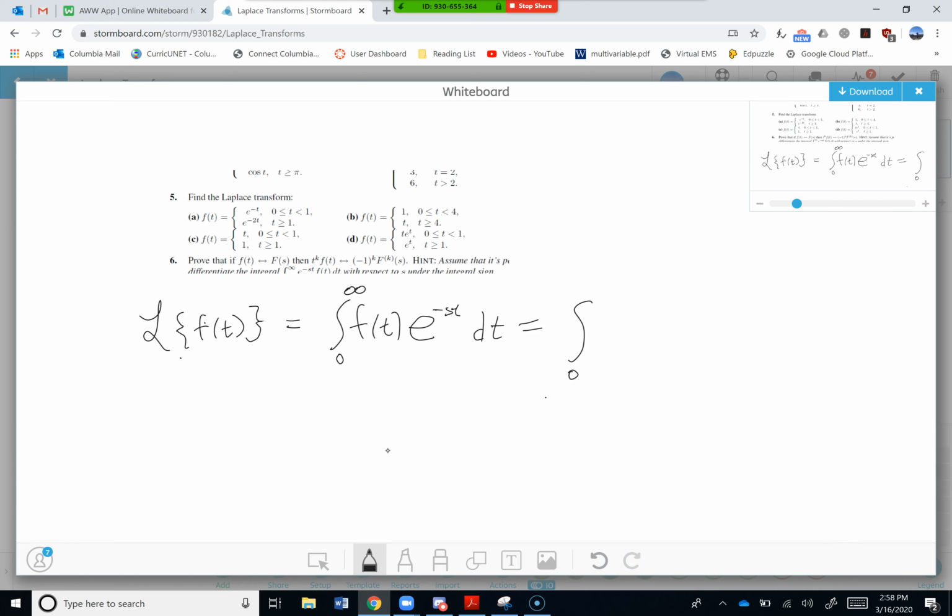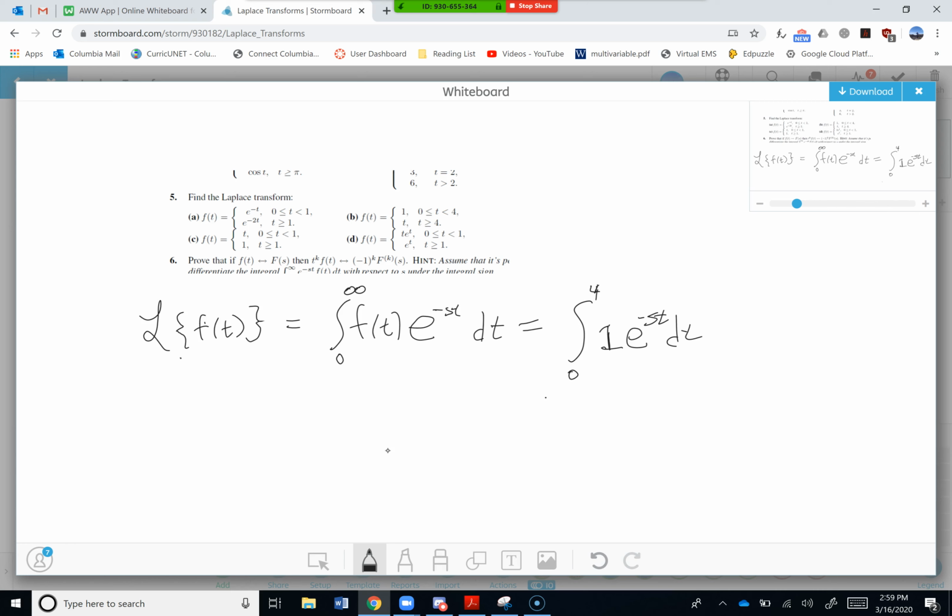It's defined from 0 to 4 as 1, and that's still times an e to the minus st dt.